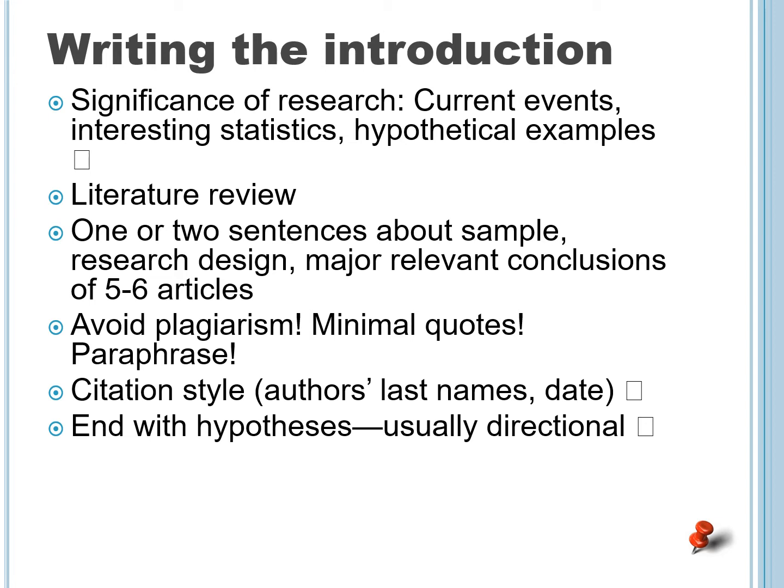Now, the important thing there is, if you think both of those are equally plausible, or based on your literature review, it's unclear, like maybe sometimes things are positively related, sometimes they're negatively related, it's okay to make a non-directional hypothesis. You can say fear of failure will be related to GPA, but it's unclear if it will be positively or negatively related.